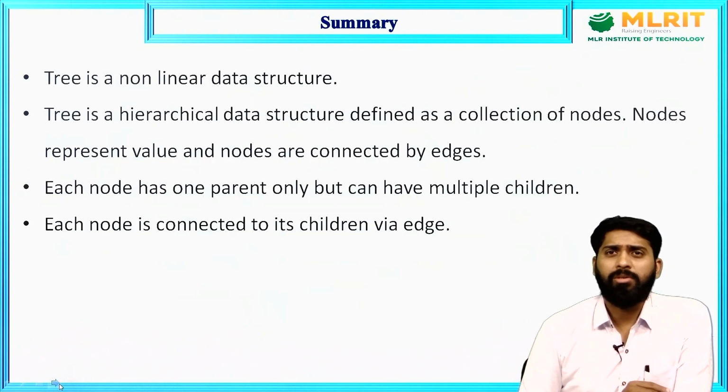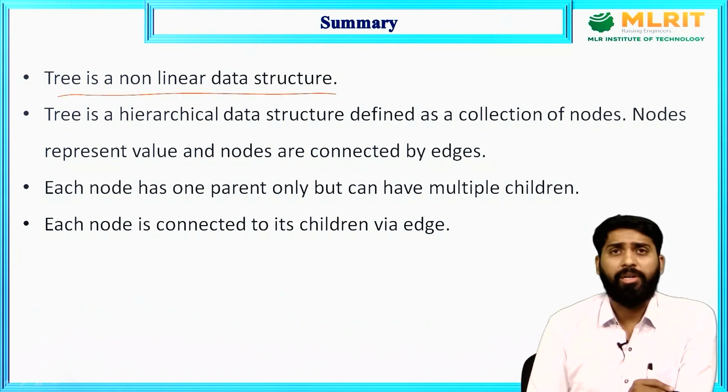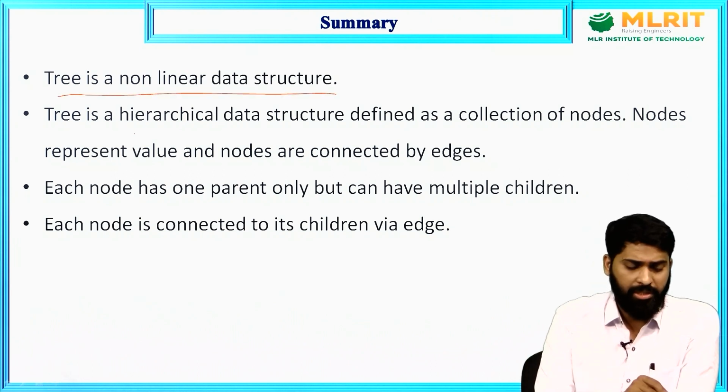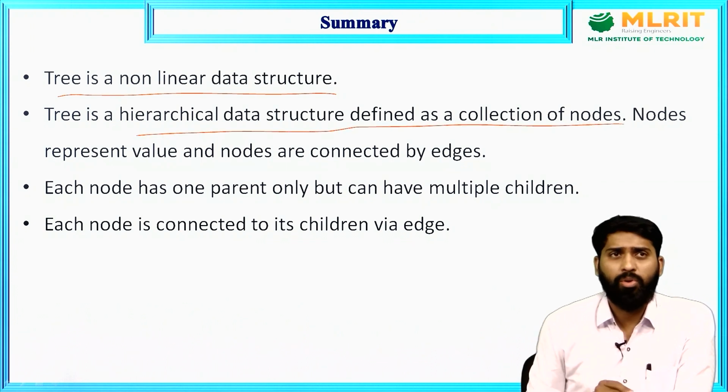So coming to summary of this lecture. In this lecture, we discussed about tree data structure, what is tree data structure and different terminology used in tree data structure. So what is a tree? Tree is a non-linear data structure. Tree is a hierarchical data structure defined as a collection of nodes.